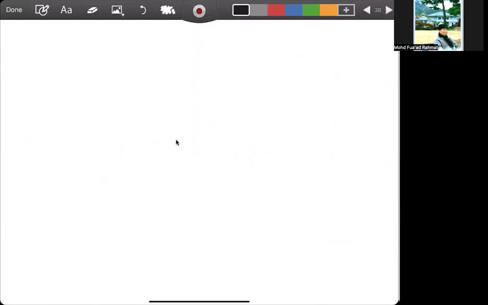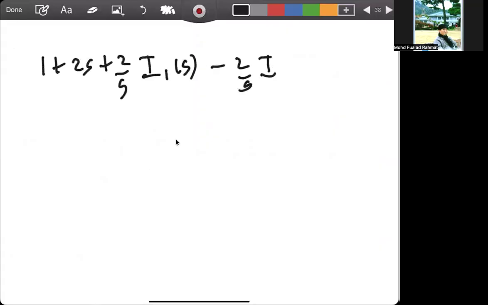So we rearrange all the equations so that it becomes 1 plus 2S plus 2 over S, I1S, okay, minus 2 over S, I2S equal to the supply equation, loop 1.